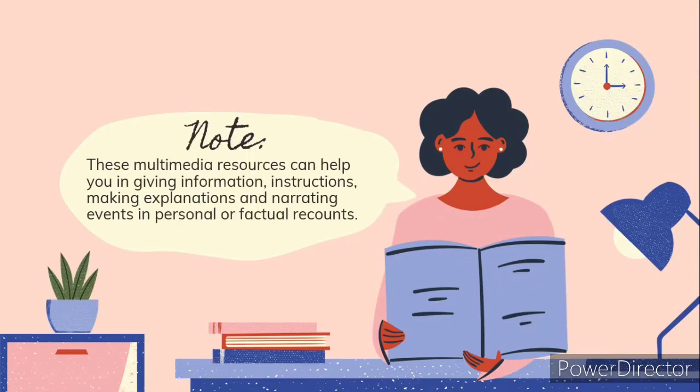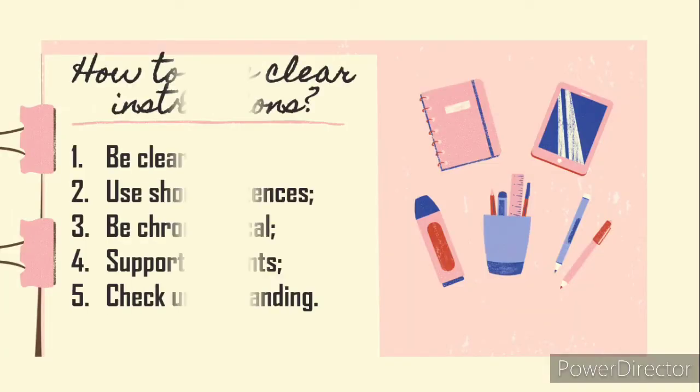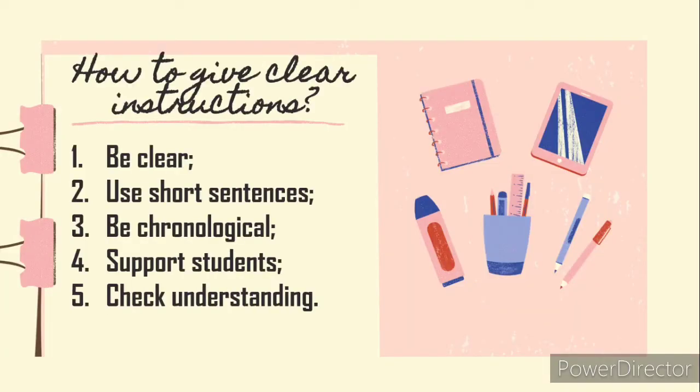Note that these multimedia resources can help you in giving information, instructions, making explanations, and narrating events in personal or factual recounts. But how do we give clear instructions? Take note of these.